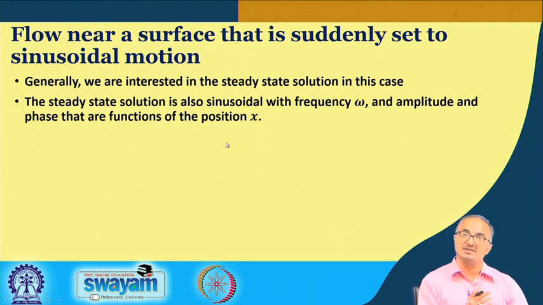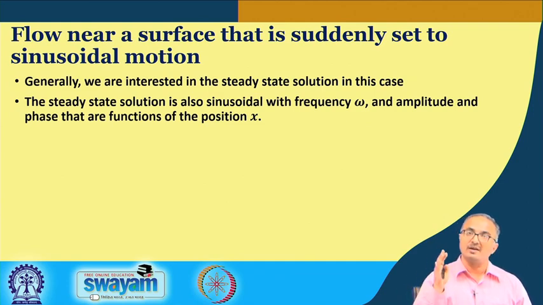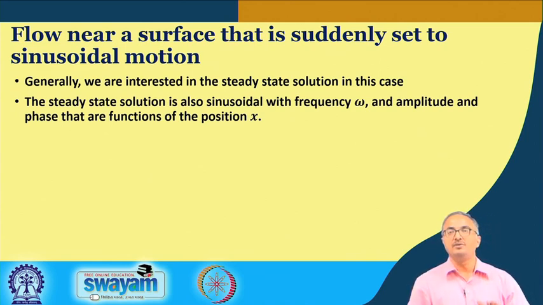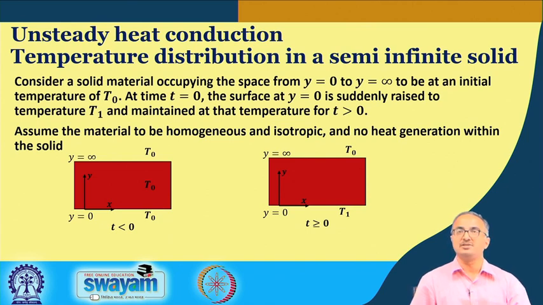That means the velocity of the fluid, due to the sinusoidal motion of the surface, will also be sinusoidal in nature, but with a phase and amplitude that change with the position from the surface. I will not be going into the solution of it; we are just learning how to deduce the model equations. Now, we come to a similar situation, but in an energy transfer problem.